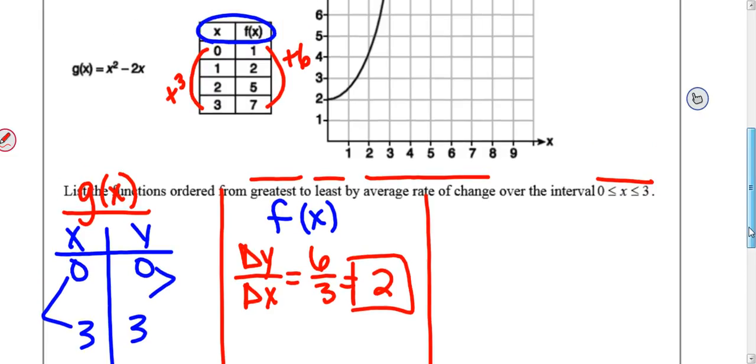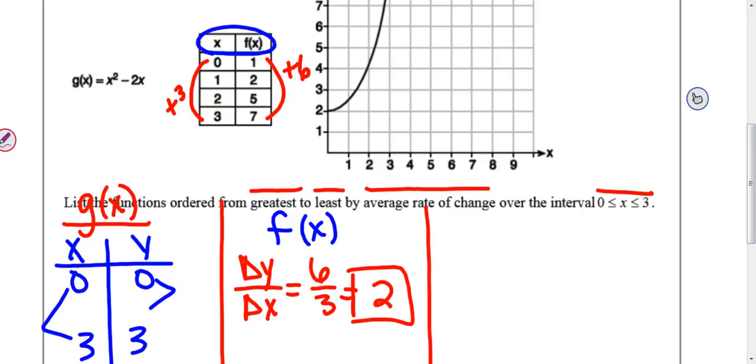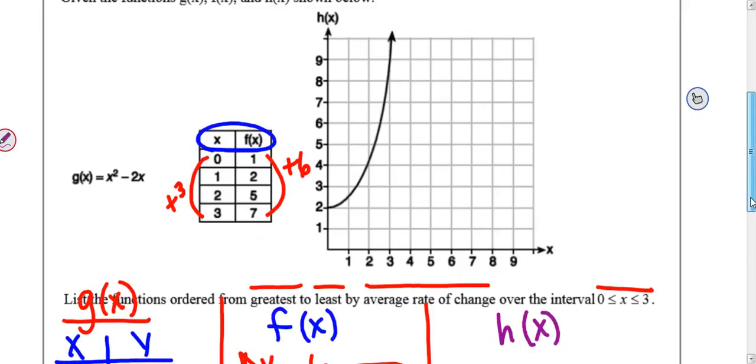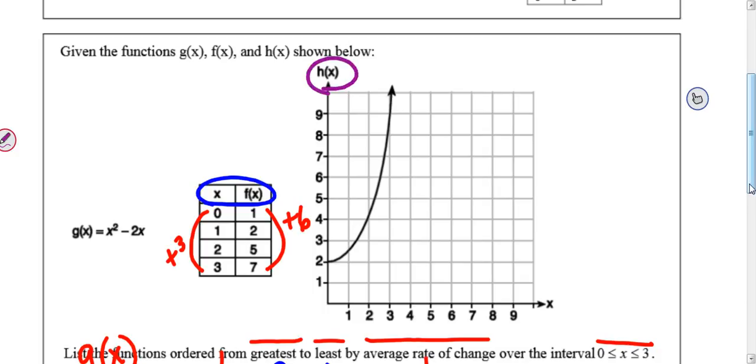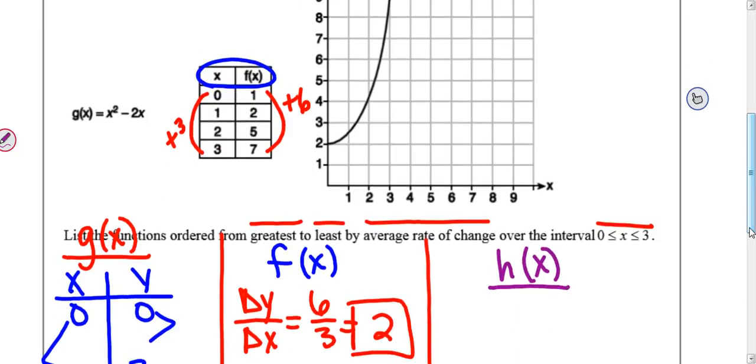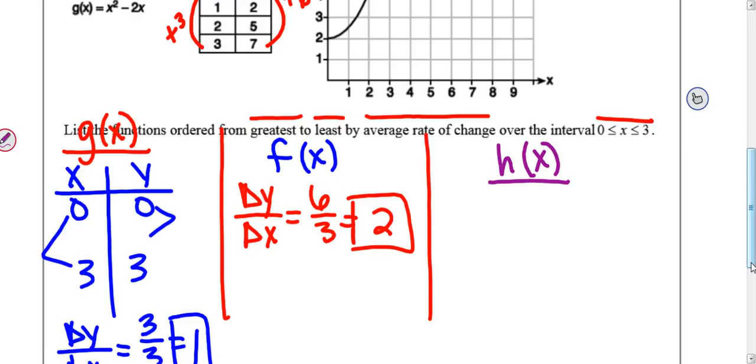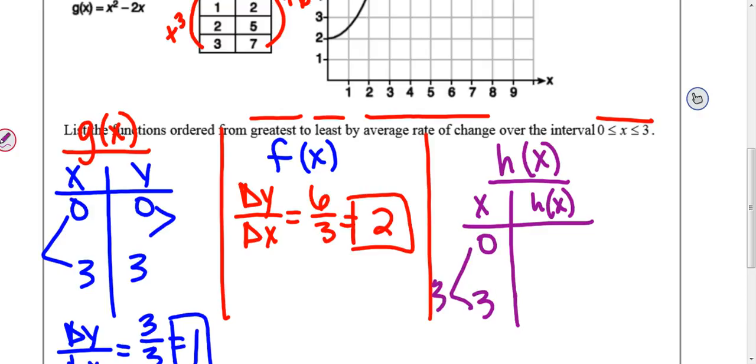And then the last one is going to be my h of x. Okay, so again, I get h of x right here. It's talking about the graph. And so for my graph, I'm going to just make another table. Put my parentheses in the wrong spot. There we go. So when we're doing from when x is 0 and then when x is 3, I already know I'm going to have a change of 3 here.